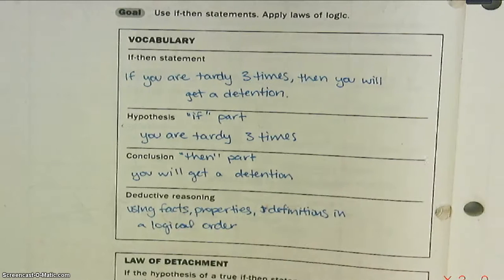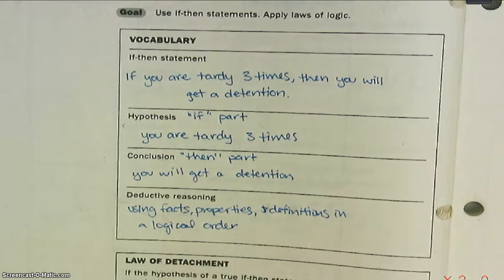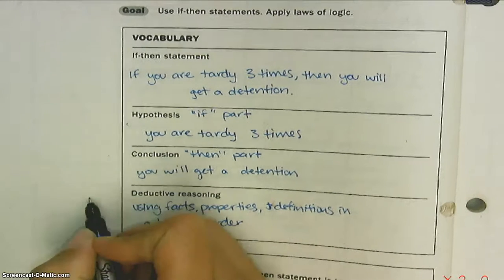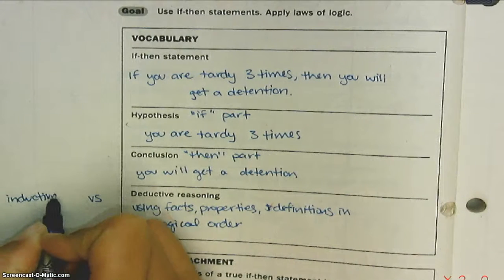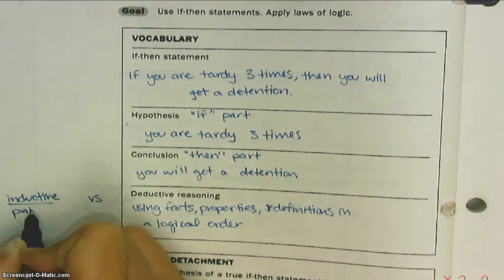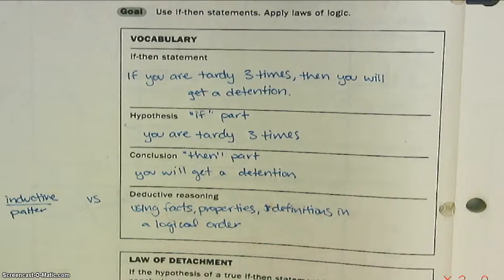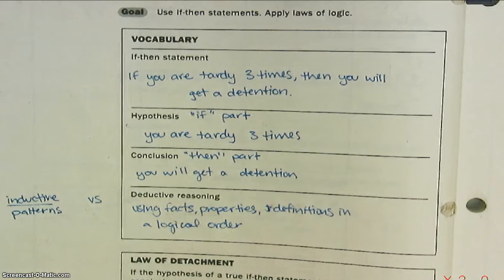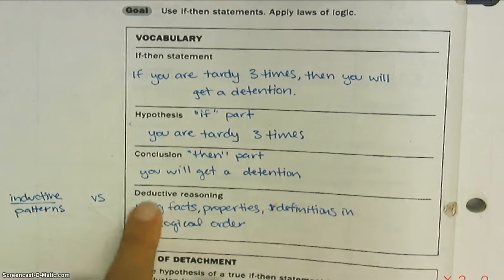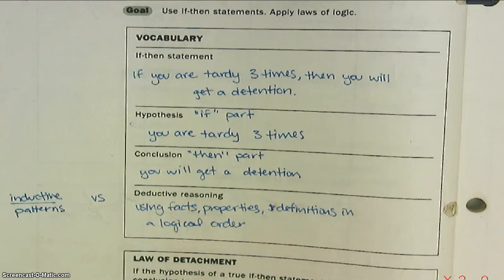That's versus inductive reasoning, which is looking at patterns. So one is using cold hard facts, and the other is using patterns. We're going to be doing a lot of deductive reasoning in this lesson and many other lessons. We already did inductive reasoning.